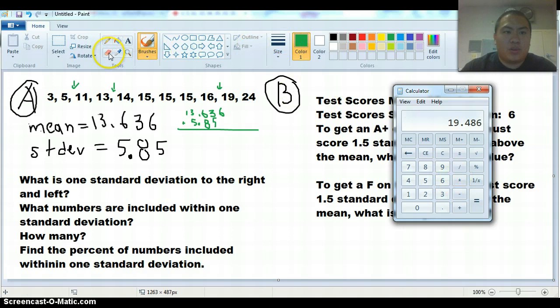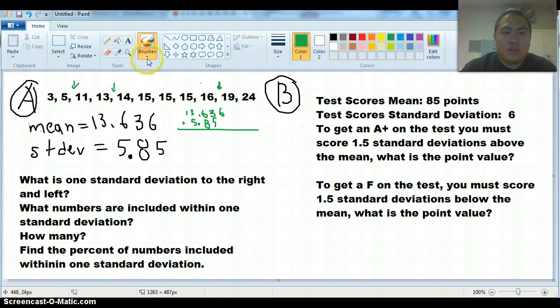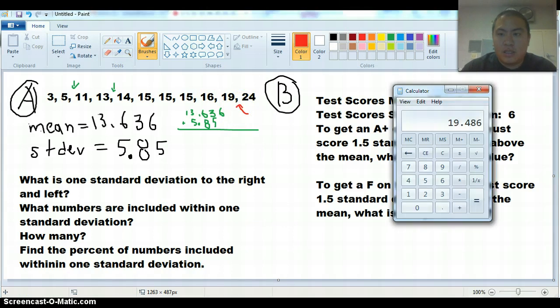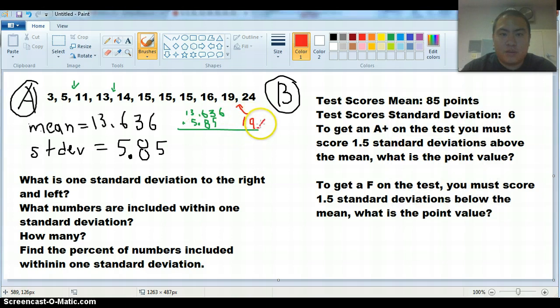So I was wrong, it should be about 19.4, right here. That's going to be 19.486, one standard deviation to the right.